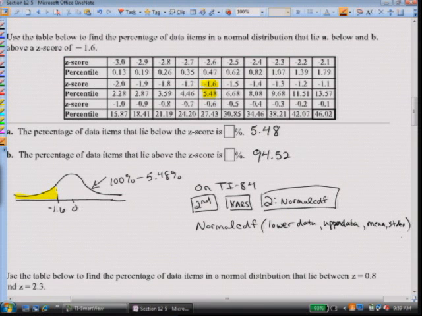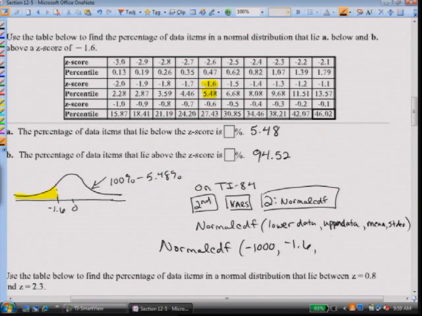So on your calculator, you can't just tell it that, you have to just make up a number. So just pick a number that's really far to the left, like negative 1,000. And then the upper data value is where you want to stop, which in this case is negative 1.6.